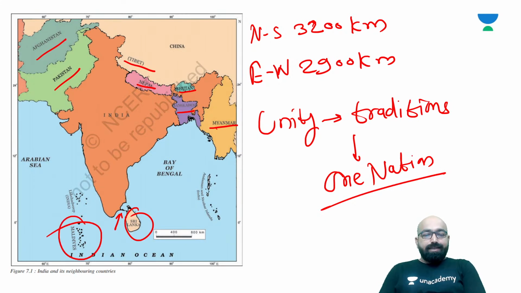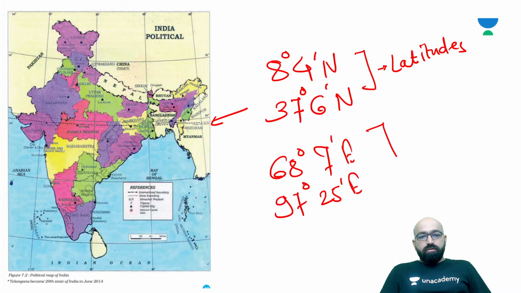Now, when we are talking about the political map of India, there are 29 states and 8 union territories.